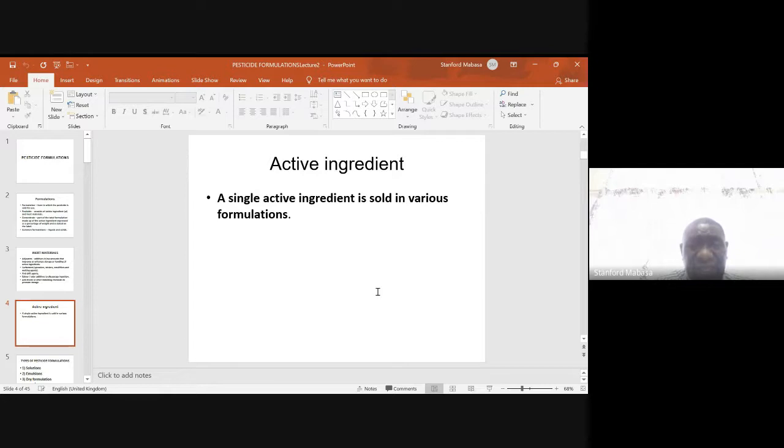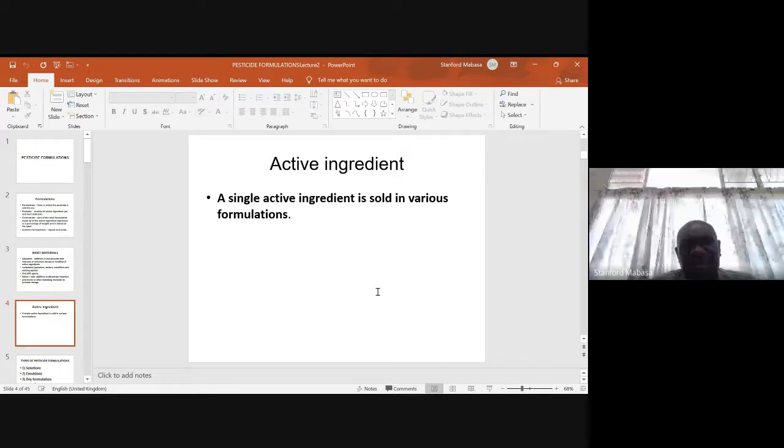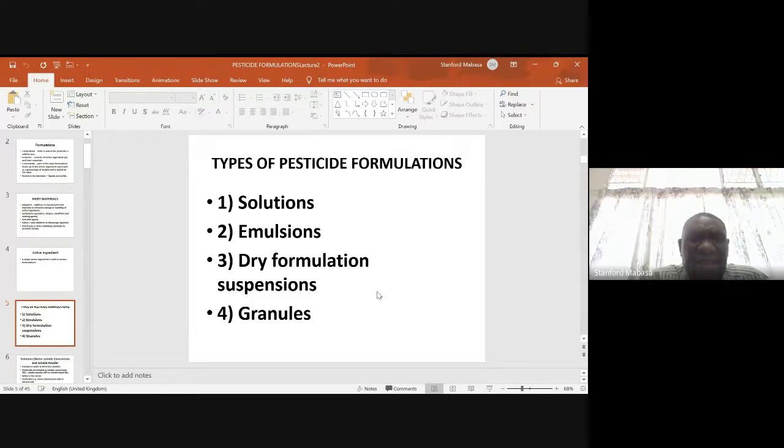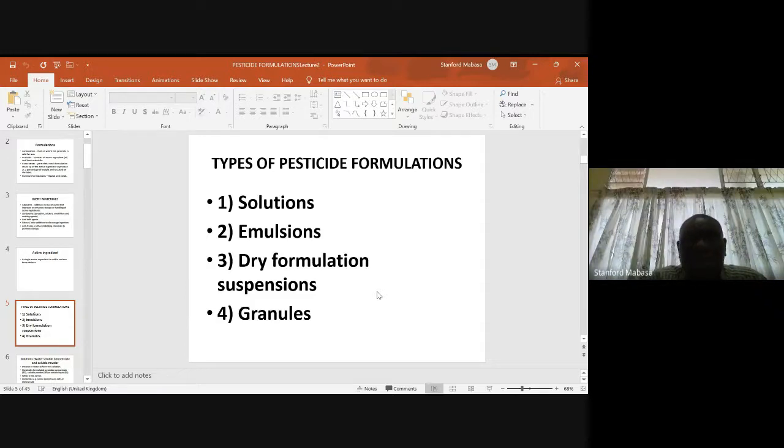Now, active ingredient is the poison. So these poisons or active ingredients have to be delivered in various formulations. Basically, we can put 4 categories of the types of pesticide formulations.